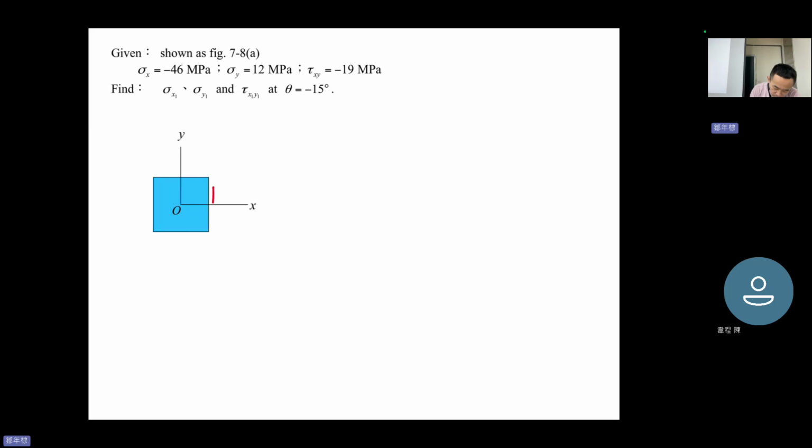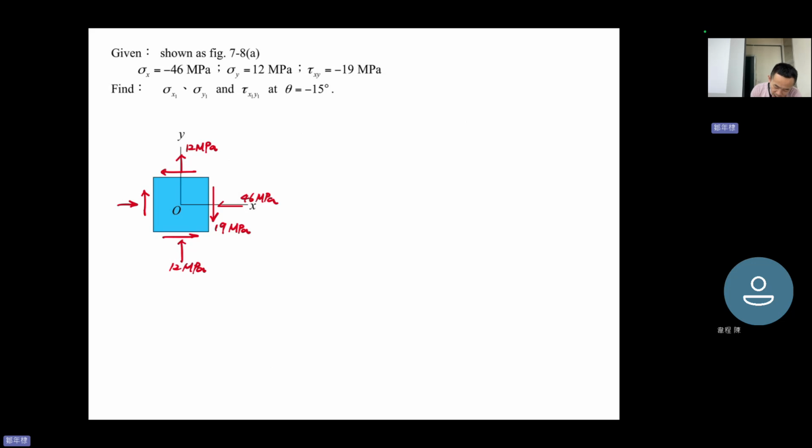This is a problem. When you see a stress element like this, you have 12 MPa as your sigma y, 46 MPa as your sigma x, and 19 MPa for the shear.